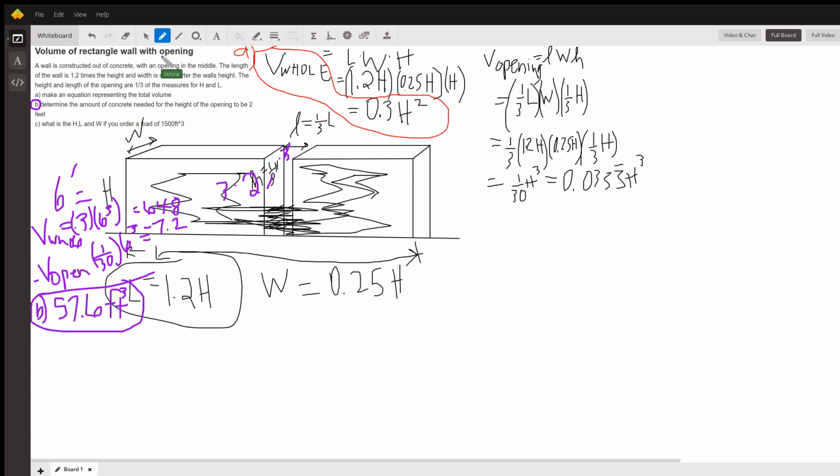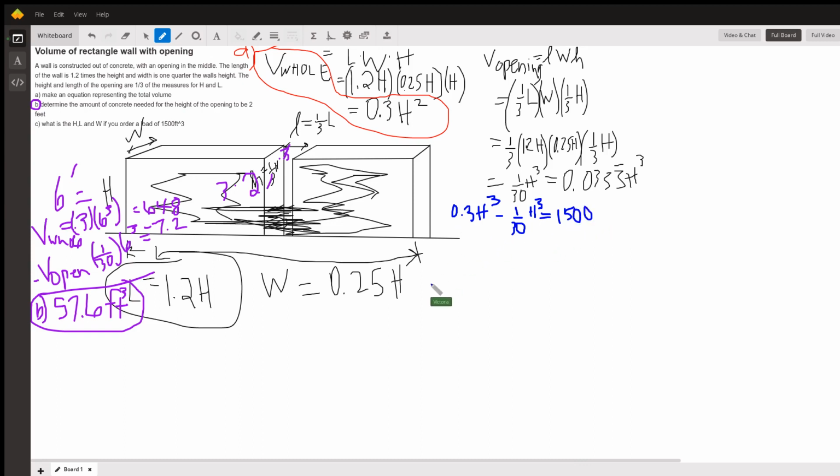Now, for C: what is the height, length, and width if you order a load of concrete of 1,500 cubic feet? So now we take our whole amount, which is 0.3 H cubed, minus the opening, which is 1/30 times H cubed, and that has to equal 1,500 cubic feet.